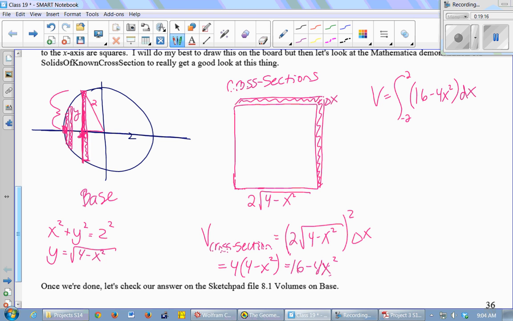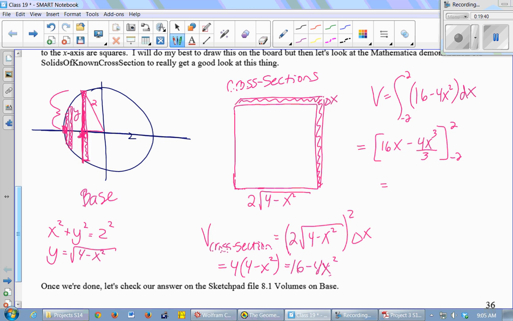All right, so just a quick reminder, I know you all know how to do this, right? But take an antiderivative, then plug in the bounds. So the antiderivative of 16 is 16x. The antiderivative of 4x squared is 4x cubed over 3, evaluated from -2 to 2.